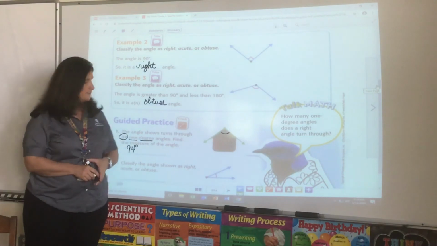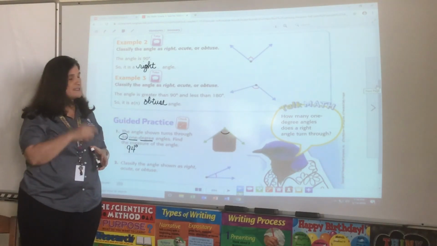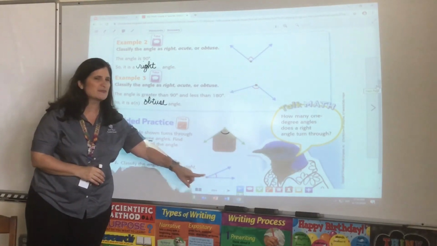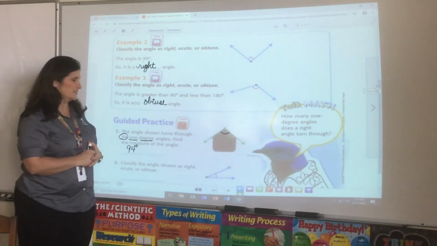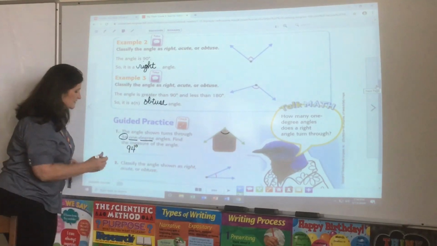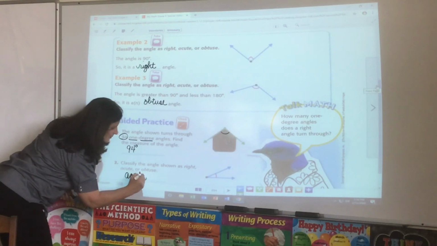We don't see a square. An acute angle, remember that those are things that are smaller than 90 degrees. So we want to have something that's less than 90 degrees. This looks like that's probably smaller than 90 degrees. Or an obtuse, it opens up. It's larger than 90 degrees. Okay, so according to this picture, this is an acute angle.